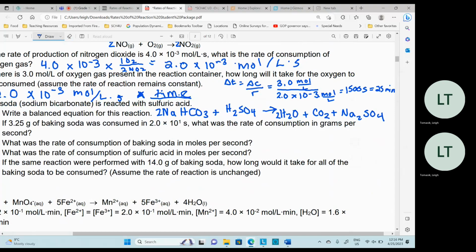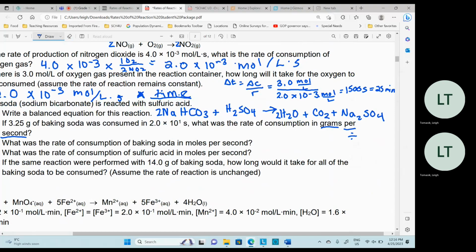And then we're balanced. It says if 3.25 grams of baking soda was consumed in 2.0 times 10 to the negative 1 seconds, what would the rate of consumption be in grams per second? When we have a rate and they want grams per second, it tells you what to do, because per means divided by.